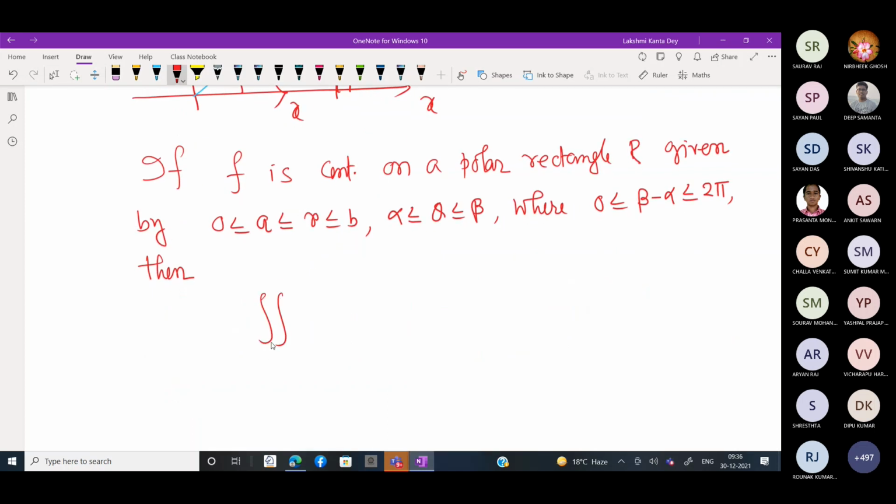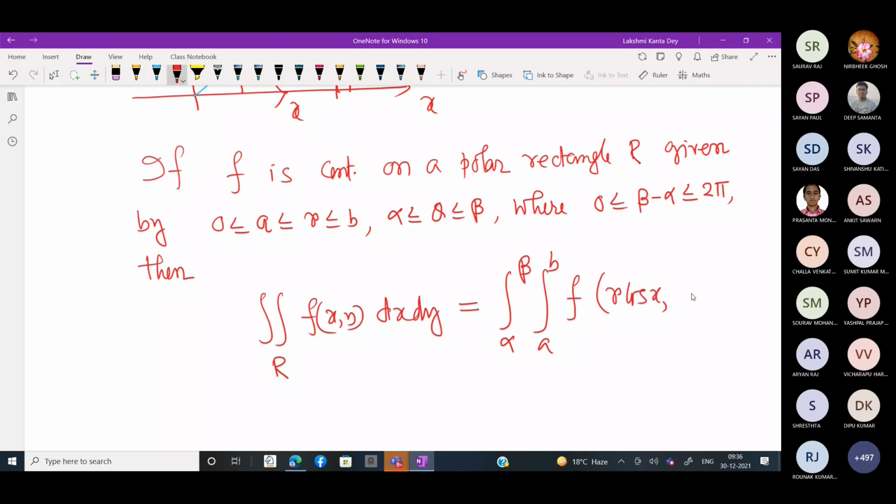The double integration over R of f x comma y dA or dx dy is going to be equal to the integral from alpha to beta and a to b of f r cos theta, r sin theta, where x is equal to r cos theta, y equal to r sin theta. Here, this is not just dr d theta.